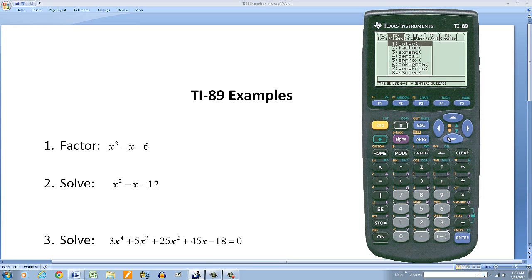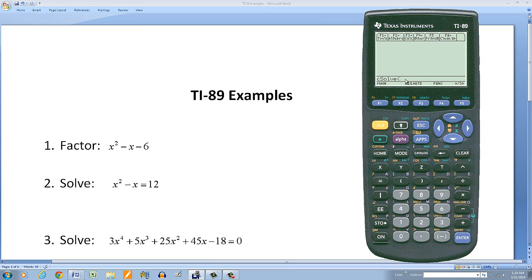So F2, and that'll be number 1 under that menu. See, this one says cSolve, so this one gives you the solutions if they're imaginary.